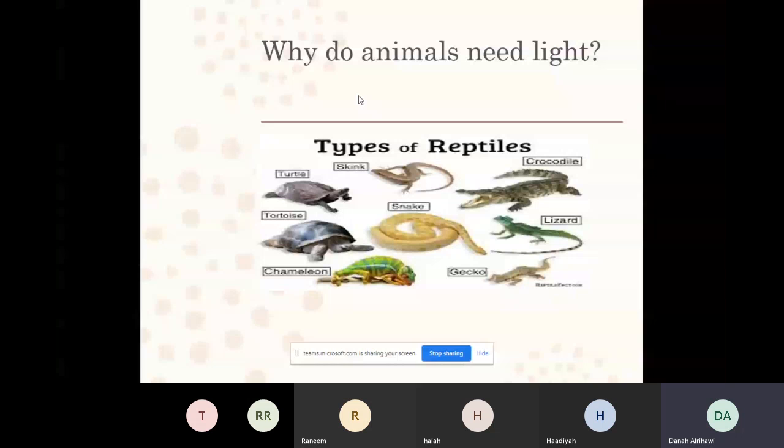They are not plants. It's important for them as it is for us. Why do we need the light? For the animals to keep their blood warm. Amazing. So some animals like reptiles, amphibians, and also insects need the sunlight to get warm and to keep their blood warm.